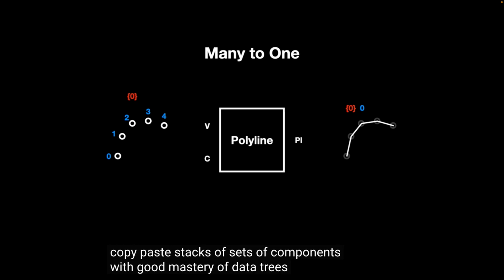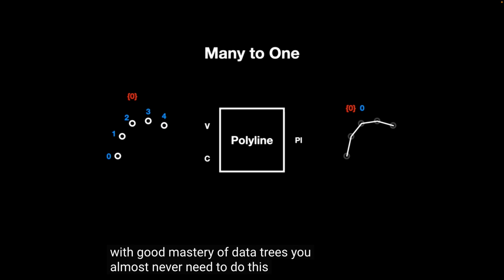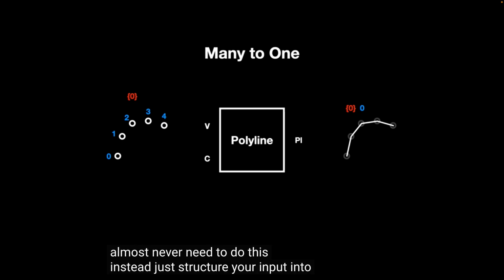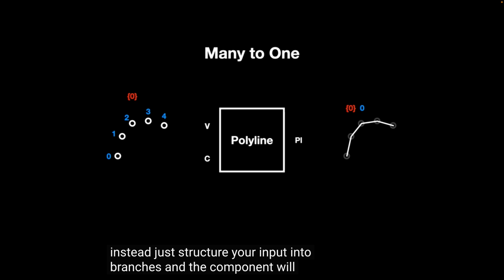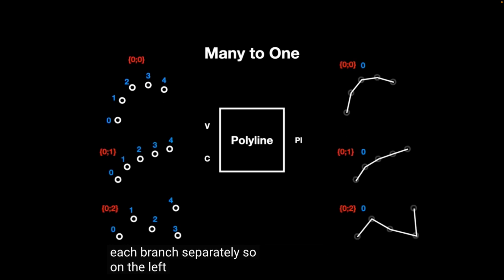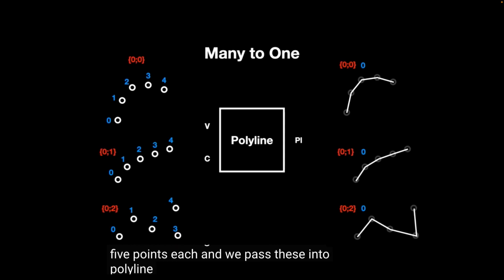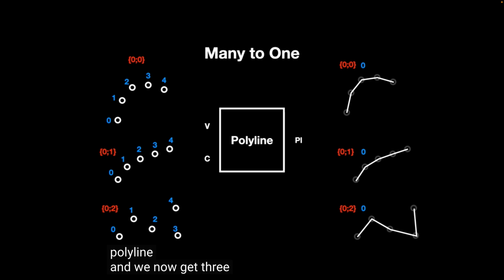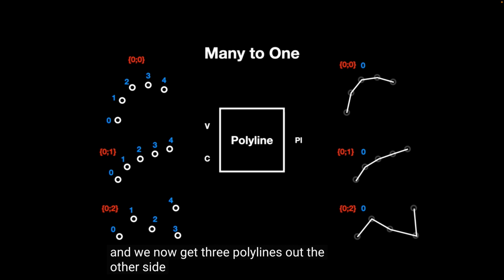With good mastery of data trees, you almost never need to do this. Instead, just structure your input into branches, and the component will treat each branch separately. So on the left, we've got 3 branches of 5 points each, and we pass these into polyline, and we now get 3 polylines out the other side.